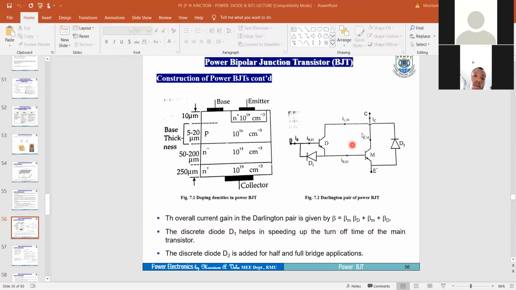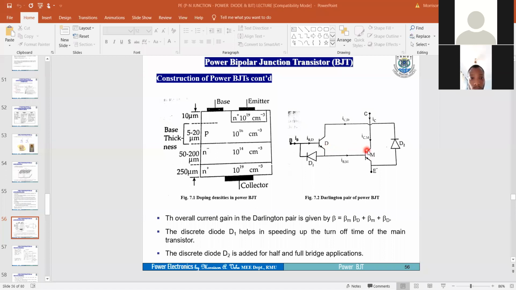I hope you can see my cursor moving. So you can see in the figure, we have two transistors, one labelled D for dog, and one labelled M for money.